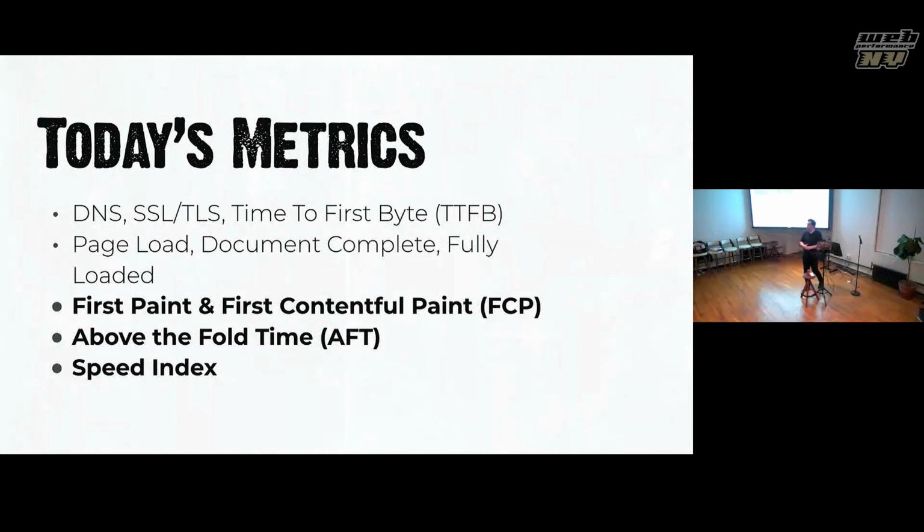And then at some point, about 10-something years ago, maybe a little earlier, we realized that that's actually not what users experience. Yes, surely servers need to do their work in order for a page to show, but the experience shows up in a very different way, unrelated to the server work, right? And that's where metrics like page load, document complete started to appear, where browsers started to report those metrics, and we started to collect them to know what the browser is doing and not our server, right?